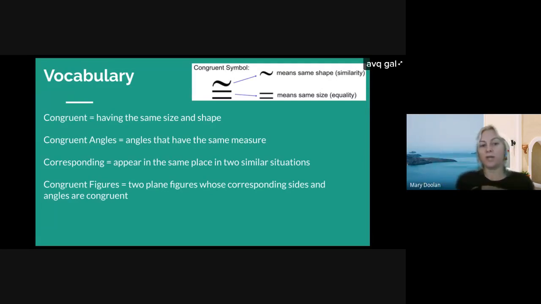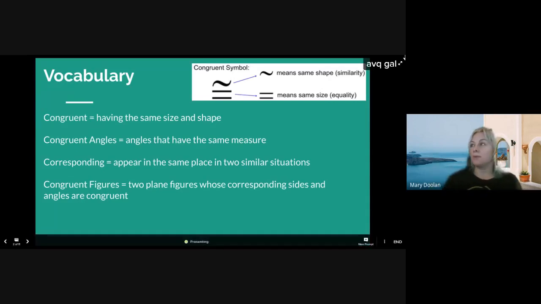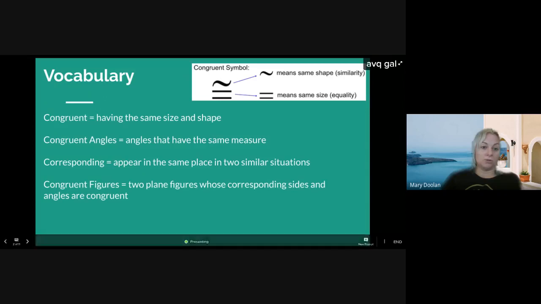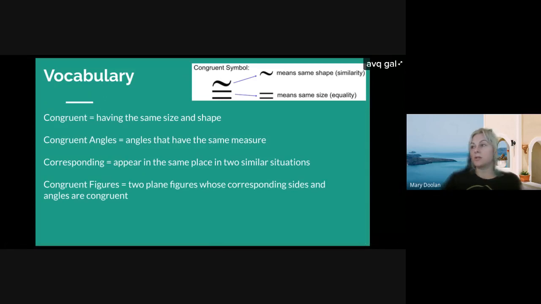And then if we look at the vocabulary, congruent is having the same size and shape, okay? And also congruent angles. So if we talk about two angles that are congruent, that's going to mean that they have the same measure, okay? Two angles that are congruent have equal measures. The word corresponding means to appear in the same place in two similar situations.